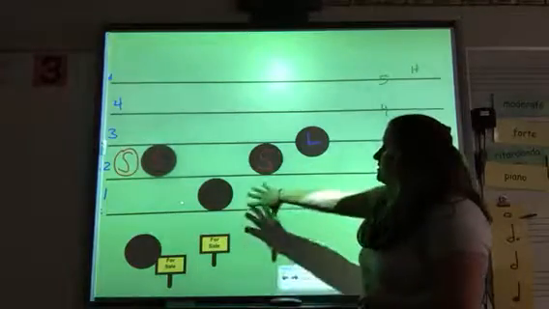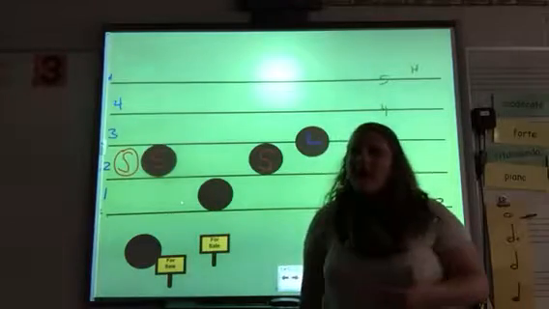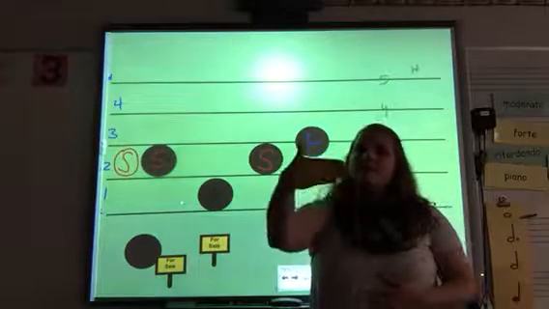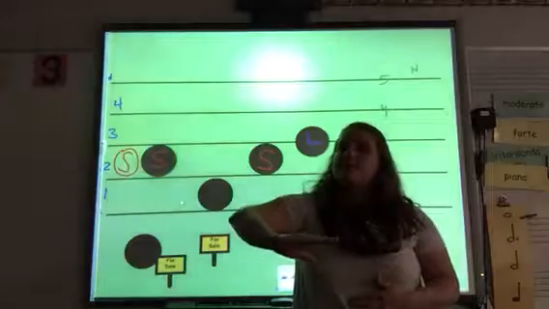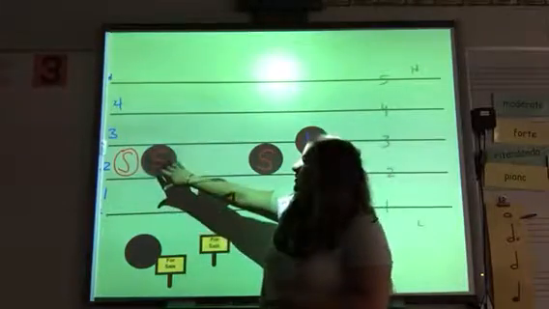Good. So let's go back now and we have to determine what this is. I have told you before that when so is on a space, then mi is on a space. They all are in their place. So is on a space.